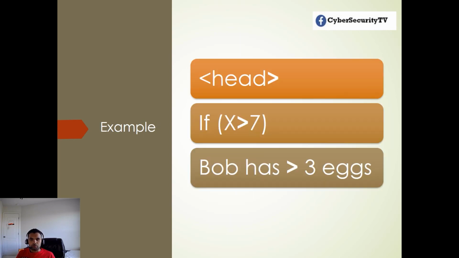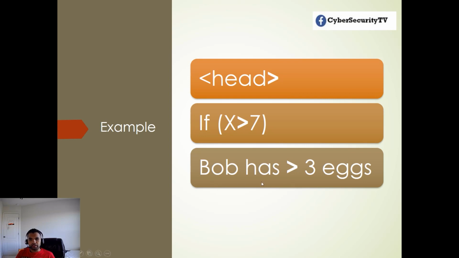Now one other example: you can see that we are using the greater than sign in each example. Let's say there is an HTML tag like html or head. We are using the greater than sign to close the tag. Here we are using it as a condition, like if x is greater than 7. So here the meaning of greater than is different.